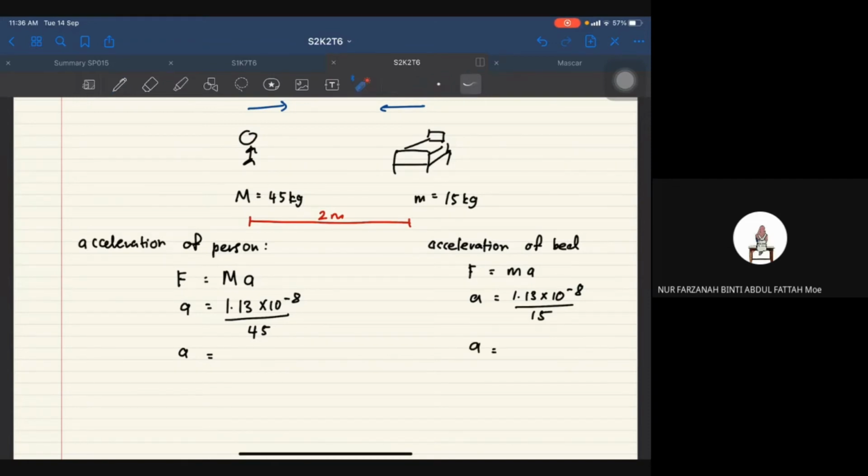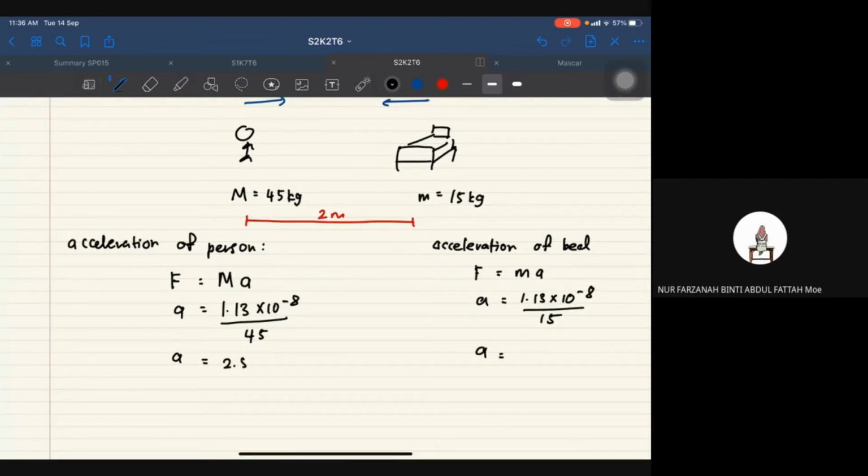Okay, so this one berapa? How much do you get for the person? 2.51 times 10 negative 10. Others, did you get the same answer? Sama sir. Okay, how about the bed? 7.53 times 10 negative 10.